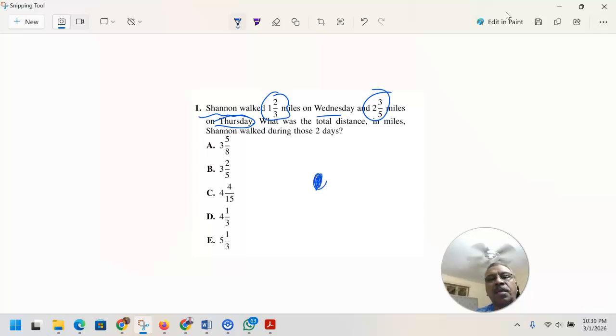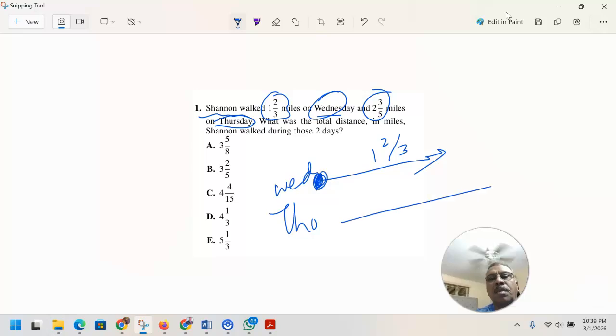On one day, let's do this one, the first day she walked maybe 1/2 on Wednesday, and then on Thursday she walked more, 2 3/4. The question is asking what was the total distance in miles walked during the 2 days?